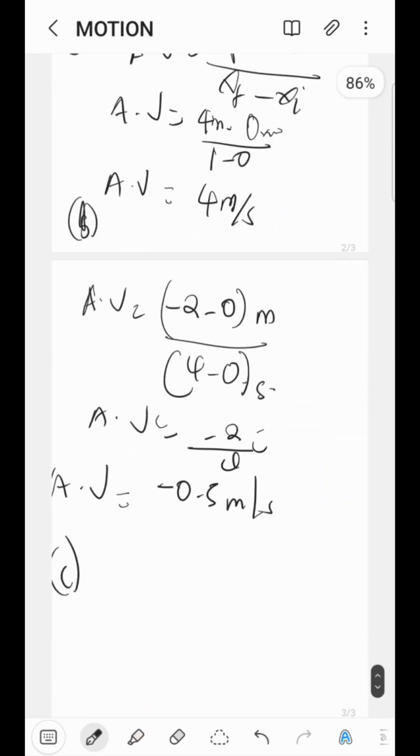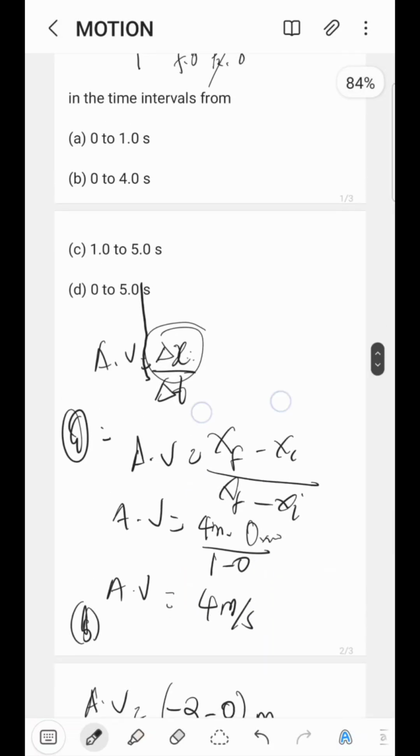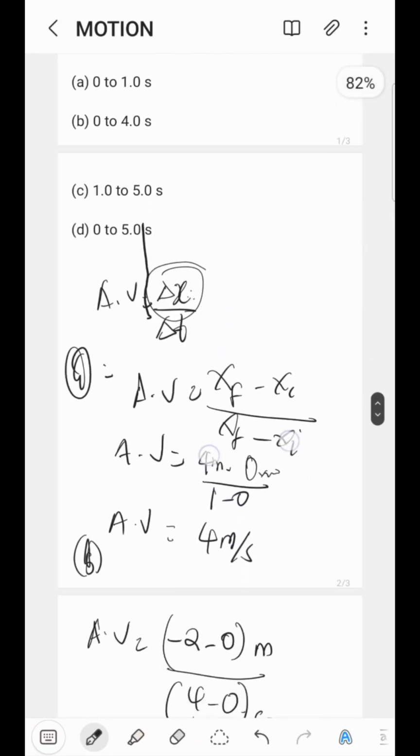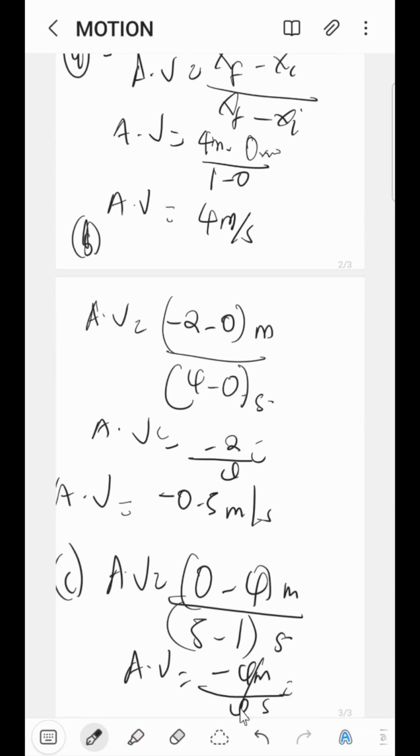So our average velocity will be: final is 0, initial 4 meters, over final time 5 minus initial time 1 second. So average velocity is -4 meters over 4 seconds, which is basically -1 meters per second.